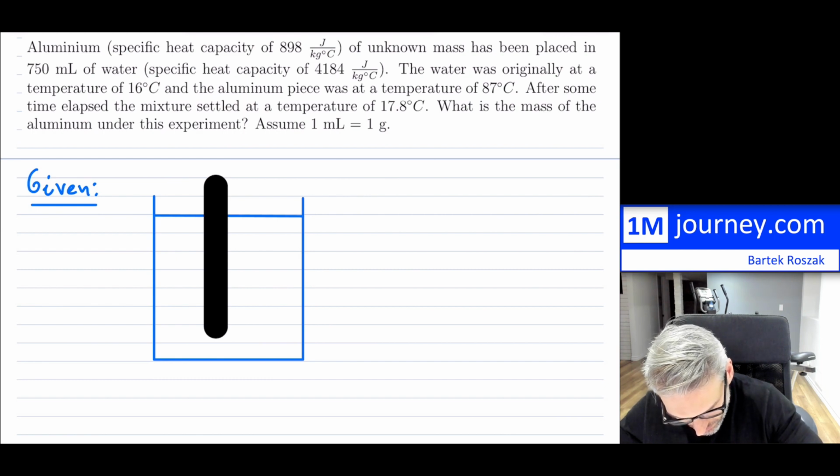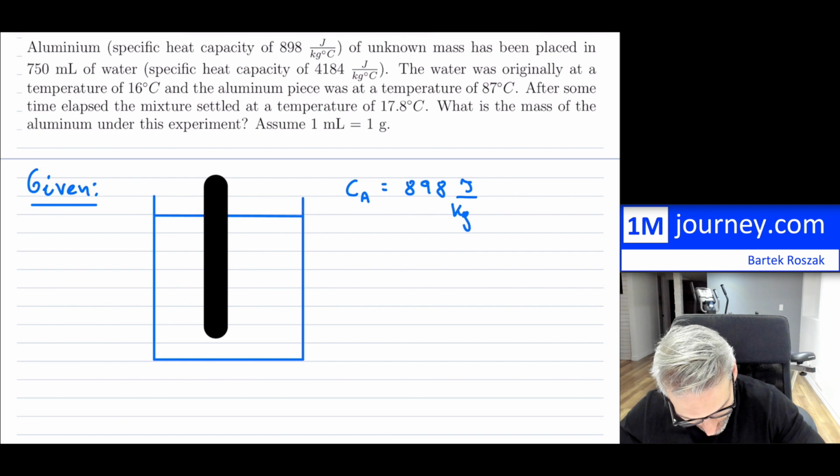So we have the specific heat capacity of aluminum. I'll just put A, and that's 898 joules per kilogram degrees Celsius. We have 750, which is going to be the mass. I know that it's volume, but notice that it is telling us that 1 milliliter is equal to 1 gram. So this is the mass of the water.